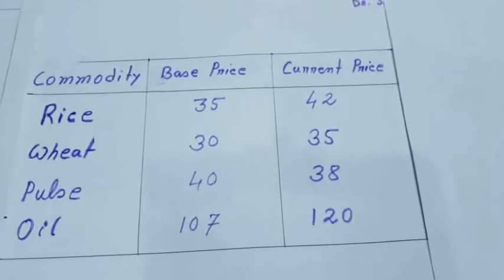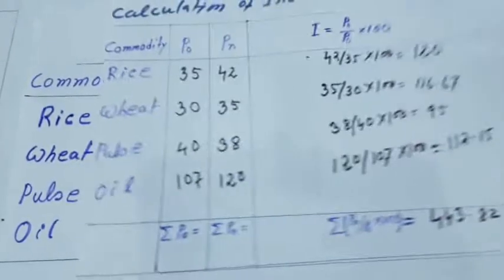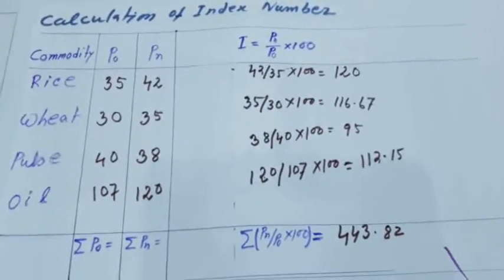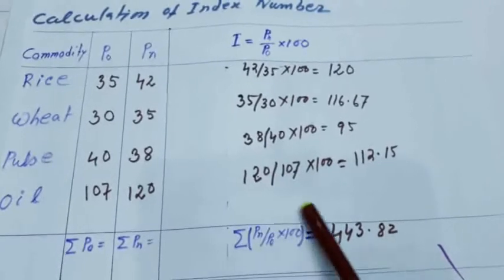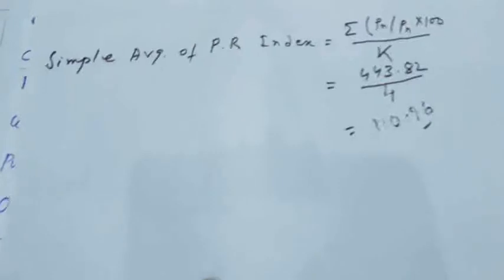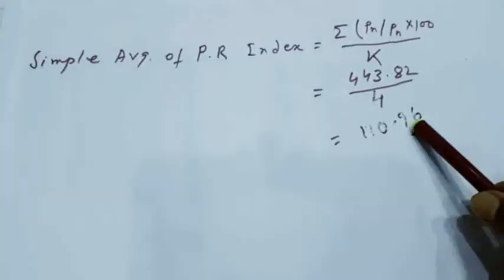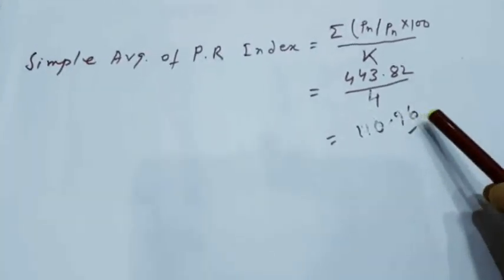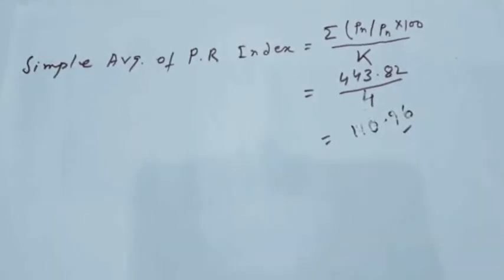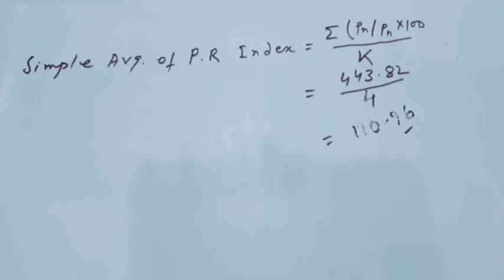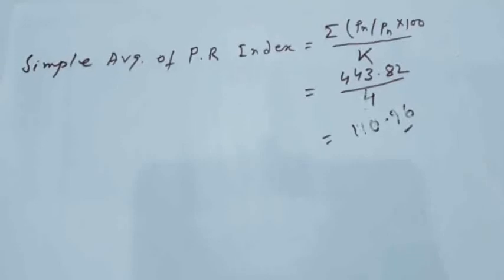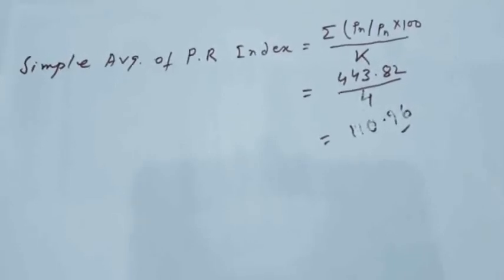For that, we have made this table and putting this value in the formula, we have got this result. This is the way of constructing price relative by simple average of price relative index.